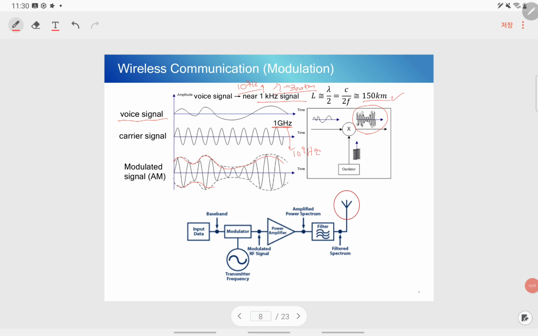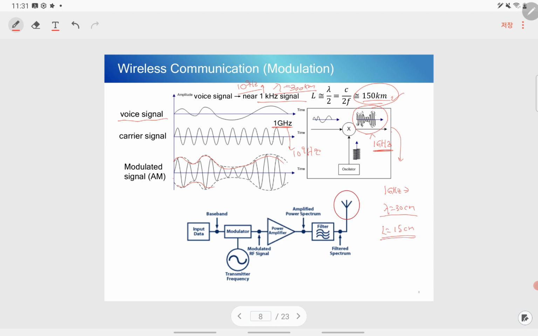The good thing about this modulation is that we can increase the frequency of the signal to near 1 gigahertz. With this, the antenna size becomes very small. The 1 gigahertz wavelength is about 30 centimeters, so the antenna size can be 15 centimeters, which is much smaller compared to 150 kilometers.